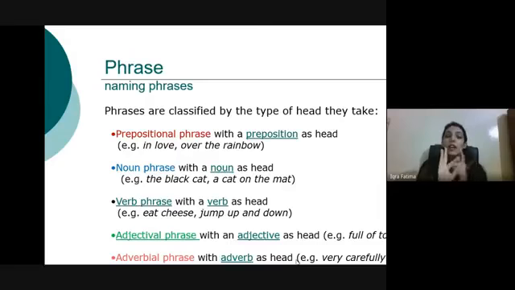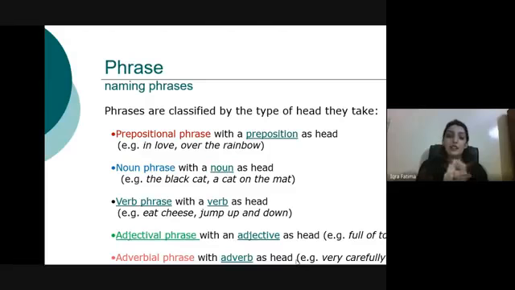Second thing, to identify the type of phrase, is to look into its head. What type of head is it? If the head is a preposition, your phrase is a prepositional phrase. If the head is a noun, your phrase is a noun phrase.